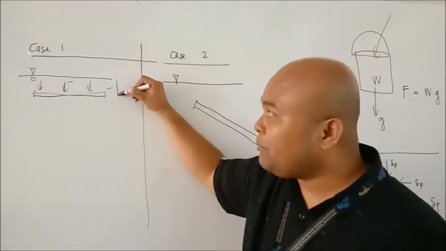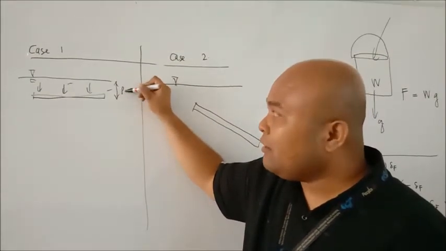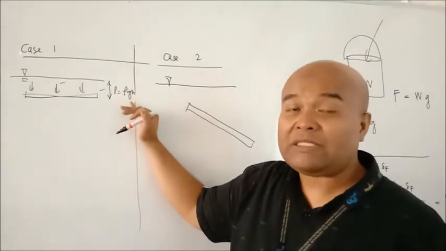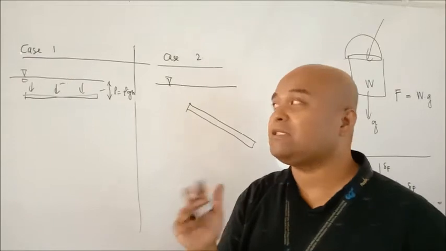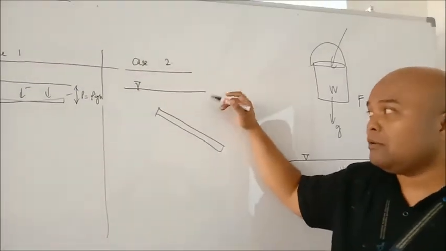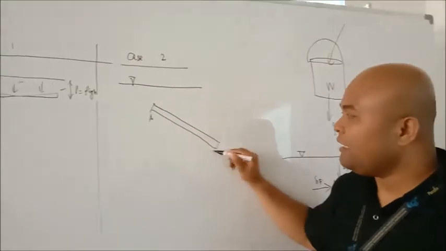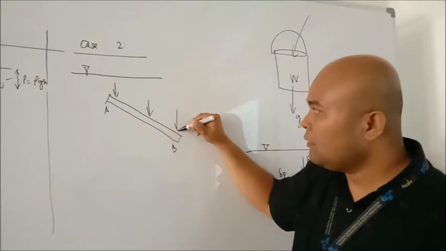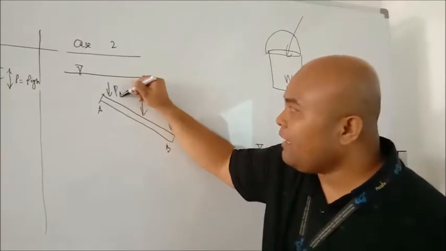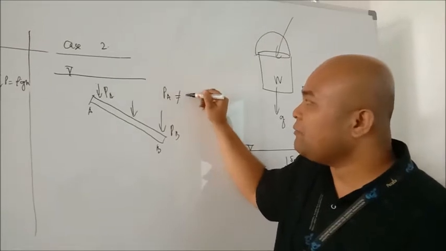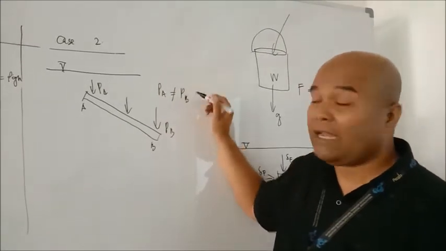Sebab apa? Sebab P equals with rho GH. Dia mempunyai ataupun berkongsi depth yang sama pada semua bahagian. Tetapi bagi kes yang kedua, if let's say ini titik A dan ini titik B, alright? Pressure at A and pressure at B adalah tidak sama di antara satu sama lain.